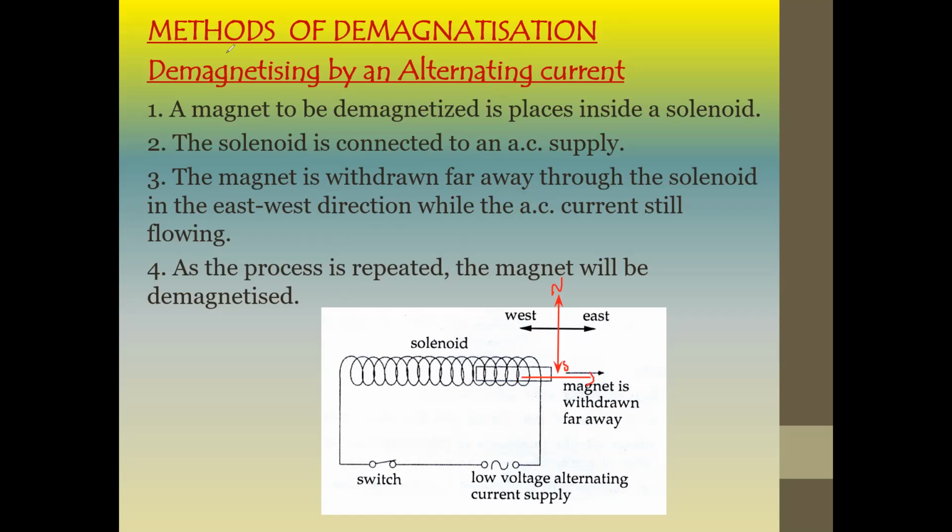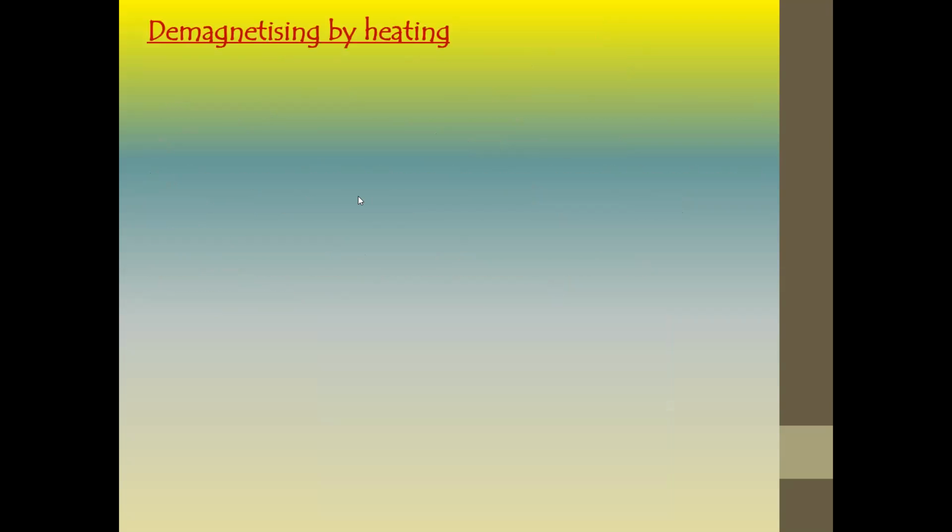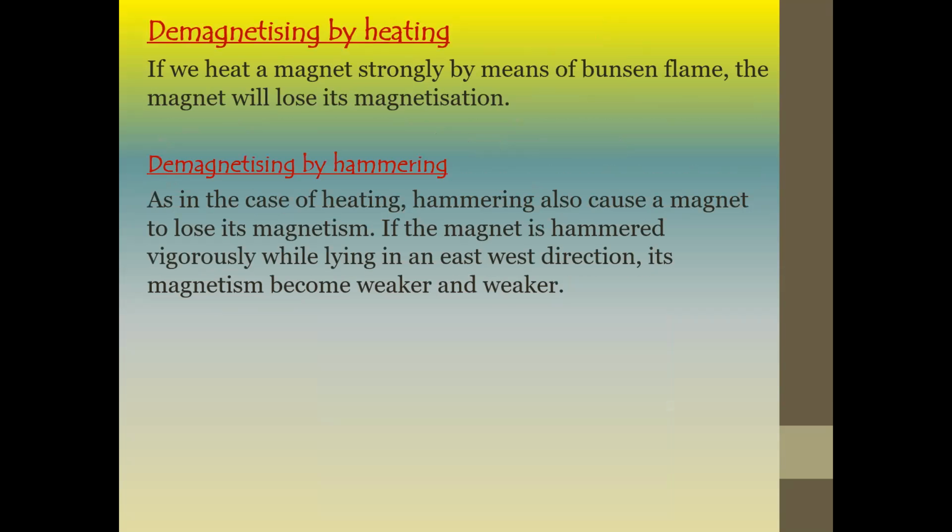This was a question in yesterday's paper 4: why the technique will not work if we are passing an AC current. So we should gradually take this magnet out from the magnetic field. The second method, you can heat it or you can hammer it.